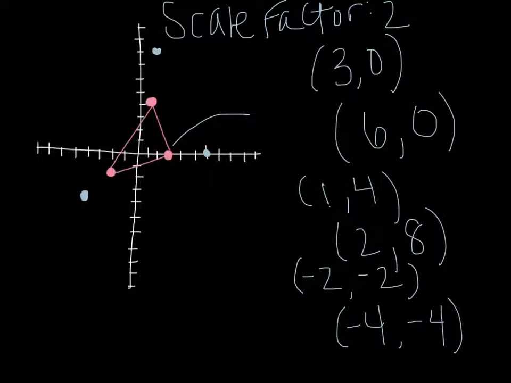Once I have my 3 points, I'm just going to connect the dots, and that gives me my image. So for this dilation, we're making it bigger. We could also look at one where we make it smaller. So let's do that really quick.